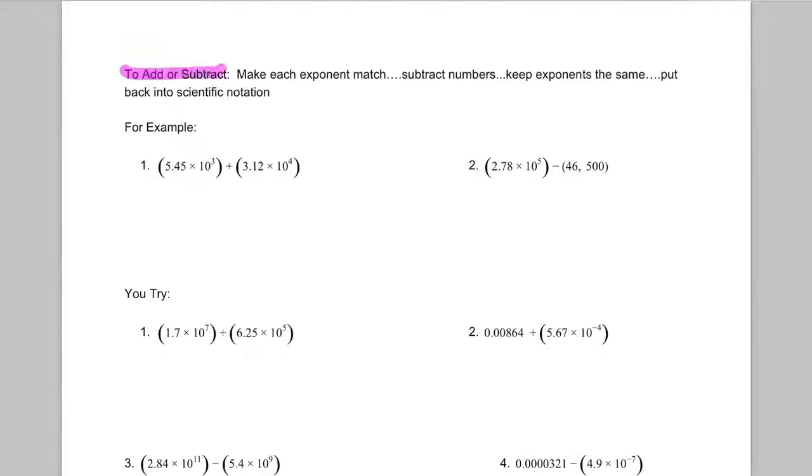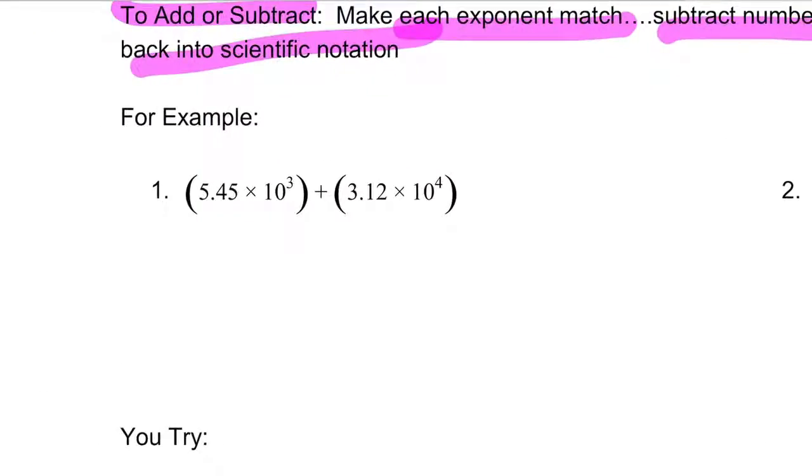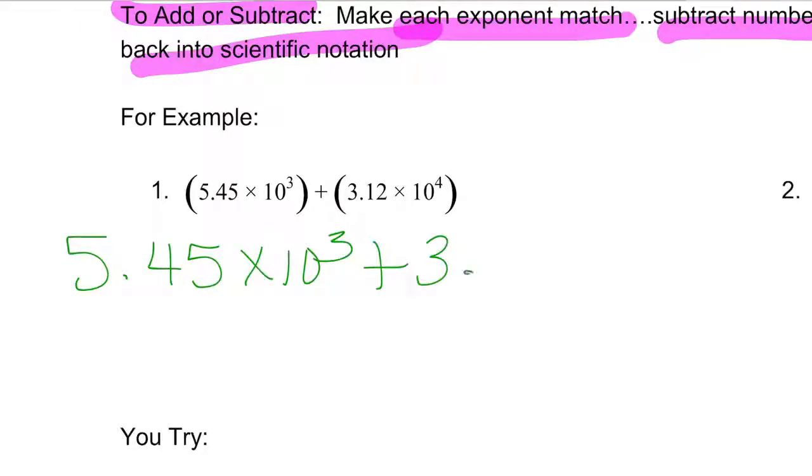To add or subtract, first make sure the exponents match. It's like terms, okay? Then you add or subtract your numbers, keep exponents the same. Put back into scientific notation. So for example, you have 5.45 times 10 to the third, okay, plus 3.12 times 10 to the fourth, okay?